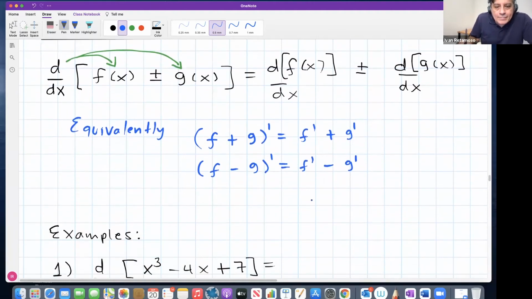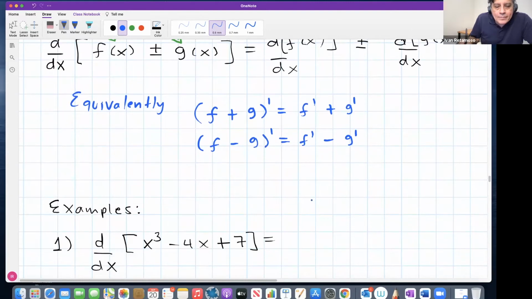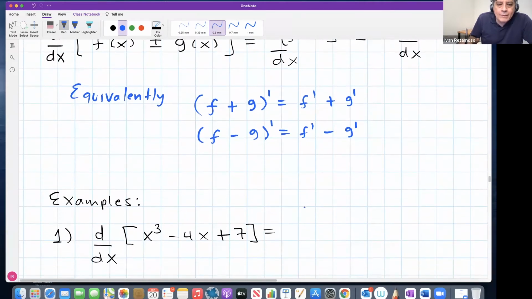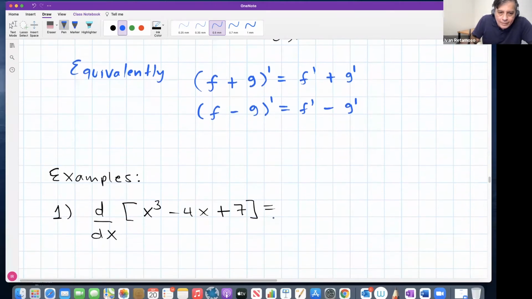Now, having said that, let me give you this example that will show you how to take the derivative of a polynomial function. Example number 1 says, take the derivative of x cubed minus 4x plus 7. It's a polynomial function of degree 3. Okay, since I know that derivatives are friends of sums and differences, in the sense that you can distribute the derivative, we're going to just distribute this derivative over this difference and this sum directly.